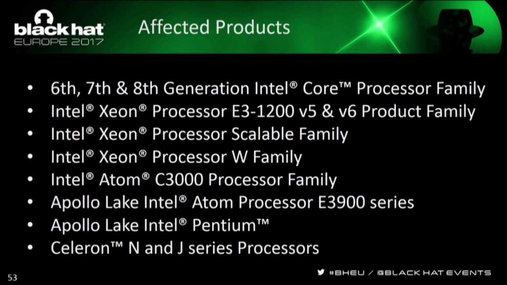Here are the affected Intel platforms. There are hundreds of products manufactured by many vendors based on those processors which are all affected. It is the 6th, 7th, and 8th generation of Intel Core processors, and Xeon, Atom, and Celeron, of course.